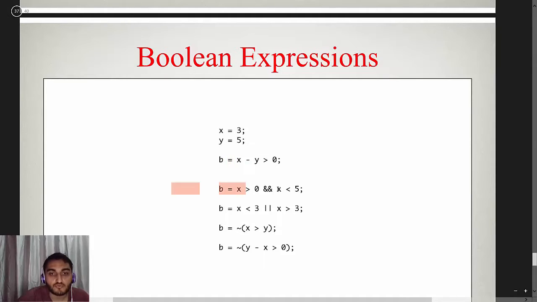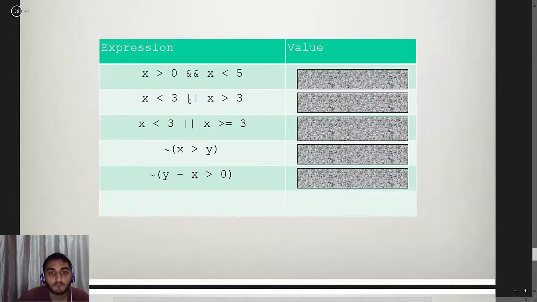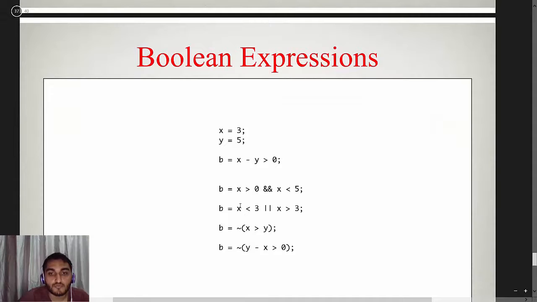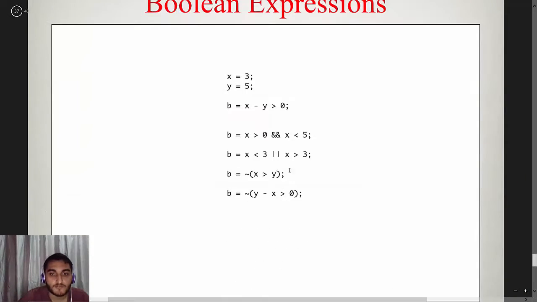Then 3 smaller than 3 or 3 larger than 3, we did that in here, it's false. 3 larger than 5, is it possible? No, it's false, but not false is true. 5 minus 3 larger than 0, we did that. The answer will be false because y minus x is 2, 2 larger than 0 is true, and not true is false.